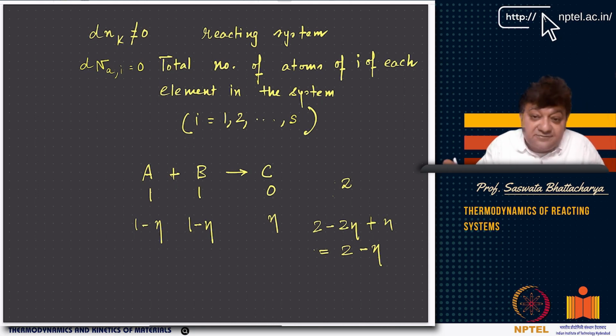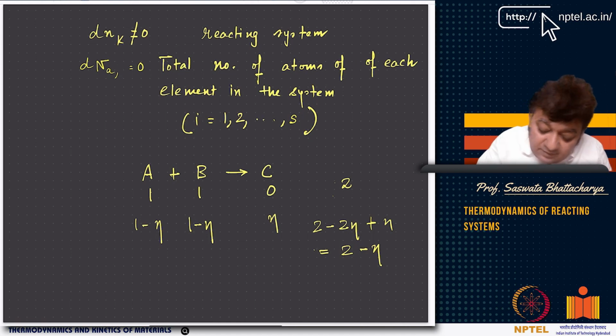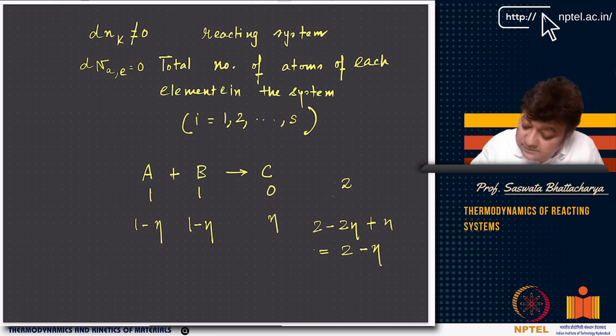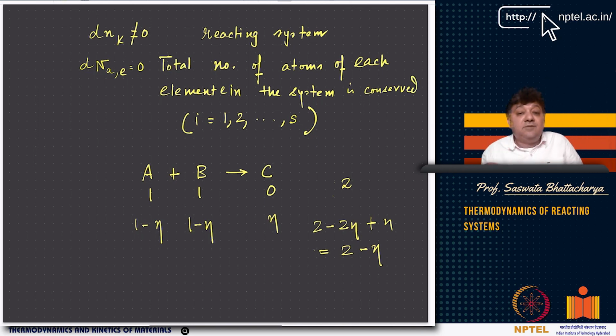However, the total number of atoms of each element in the system is conserved. For each element E in the system, the total number of atoms is conserved, but the total number of moles is not, right?